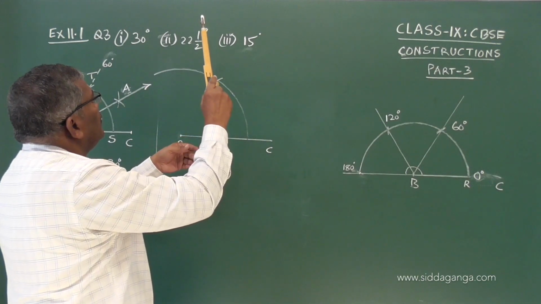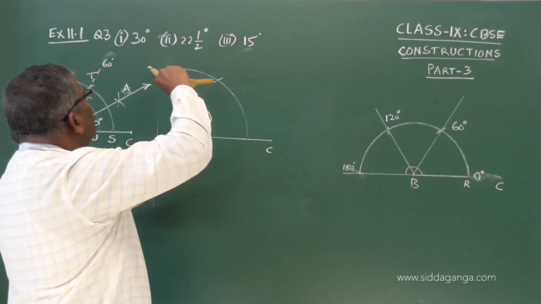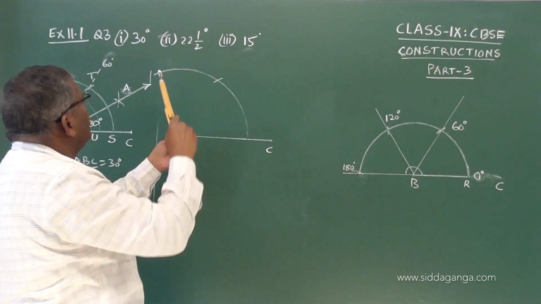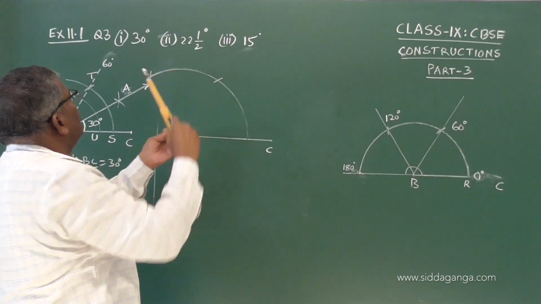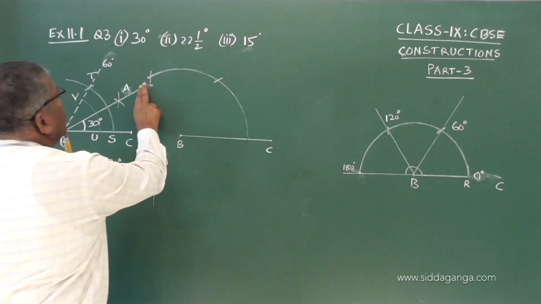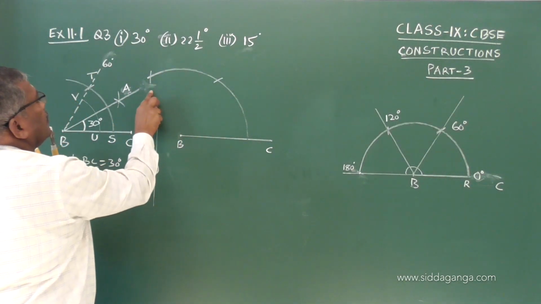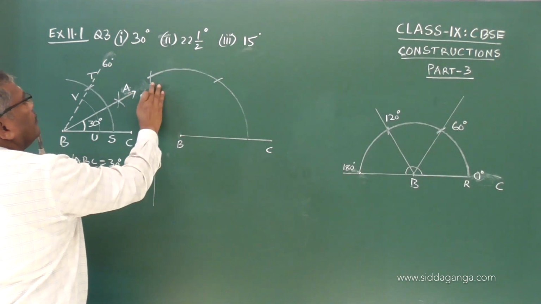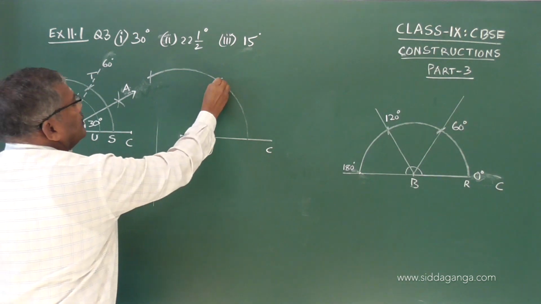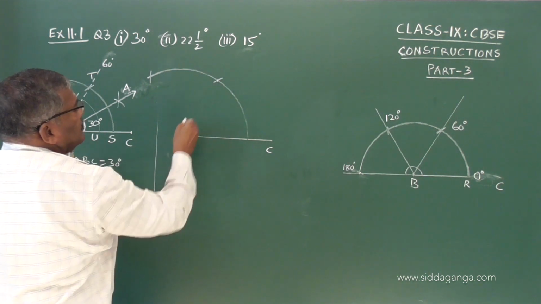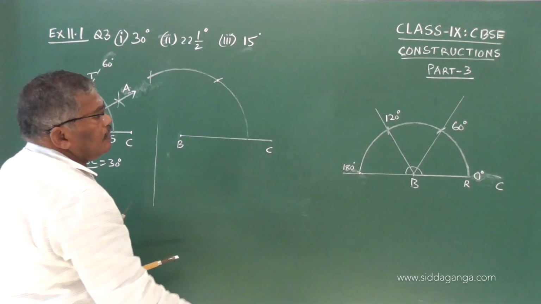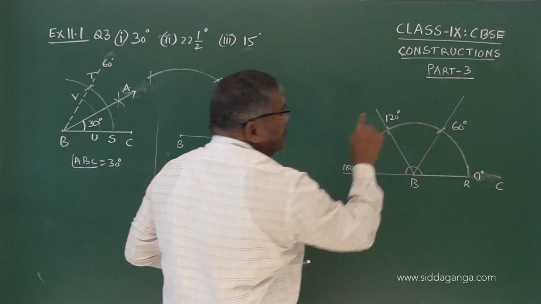So from here we have to cut it to the second point. So this point will give us 60 degree, this will give us 120 degree. You can see here 60 degree and 120 degree.